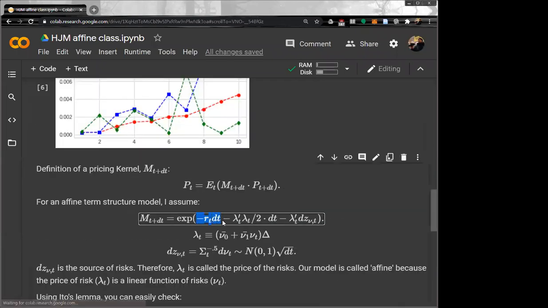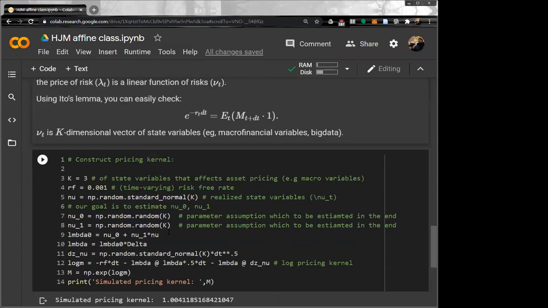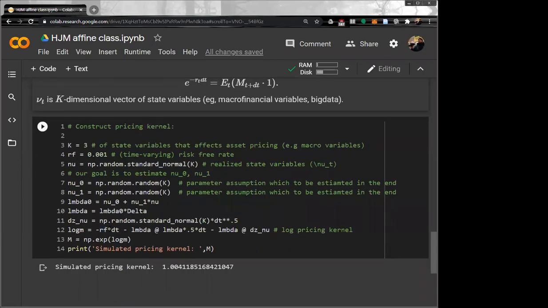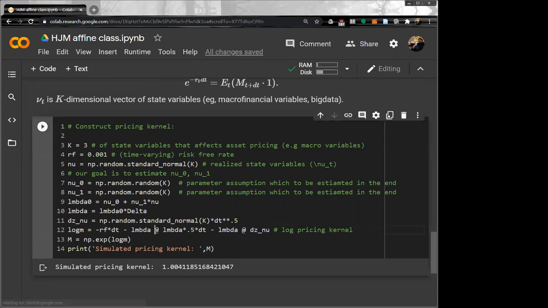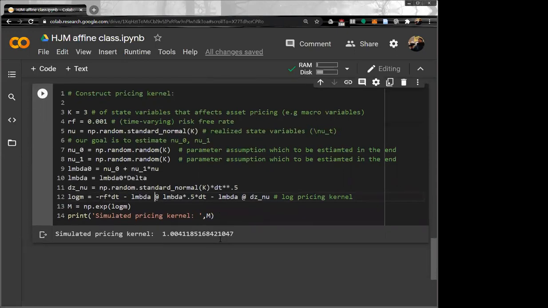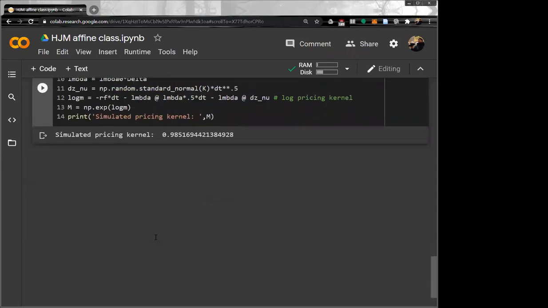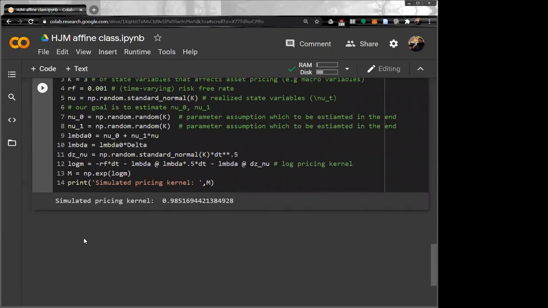I write down this part as the risk-free rate times dt, minus lambda prime lambda divided by 2 times dt, minus lambda times dz_nu. This is the log pricing kernel, and I exponentiate it to get the pricing kernel. The simulated pricing kernel is here, 1 point something. If I do it again, I have a different number. So this is the review of the previous class.